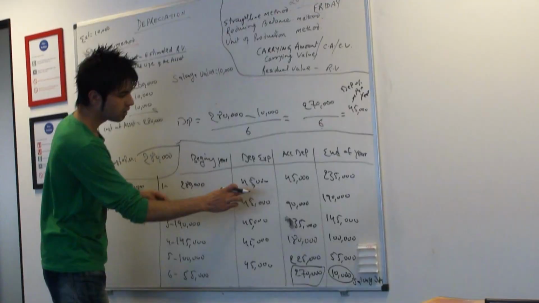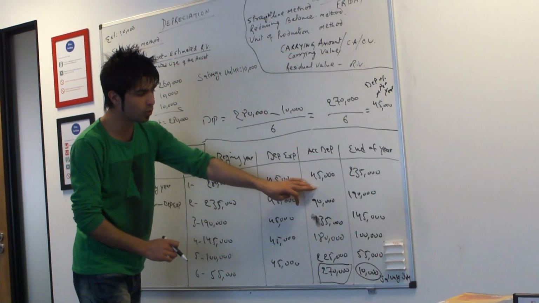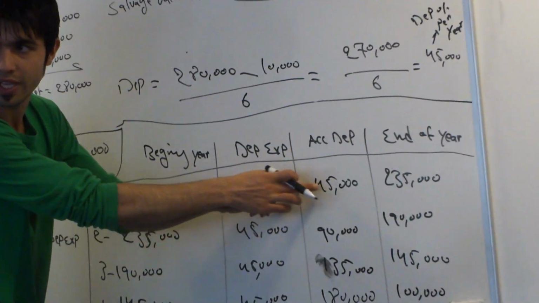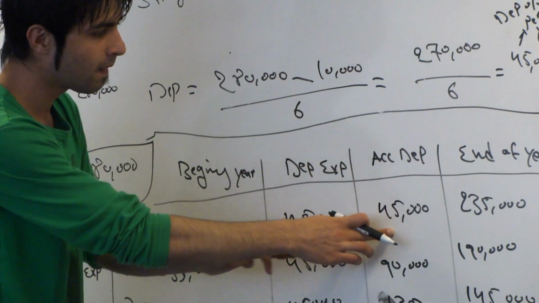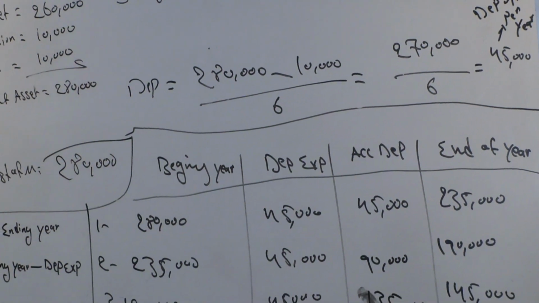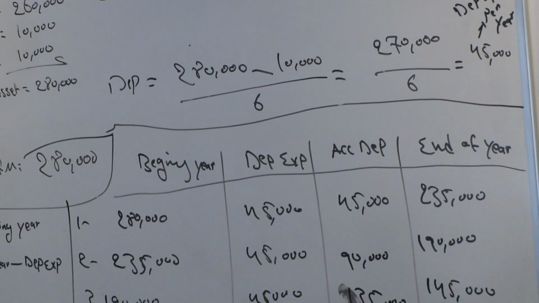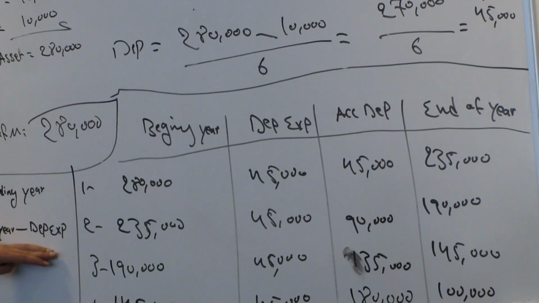So now, depreciation expense is 45,000. Accumulated depreciation, we bring this one here. Carry on here, it becomes 45,000. How do we calculate the end of year? There's a formula for end of the year: beginning year minus depreciation expense, every time for each year.